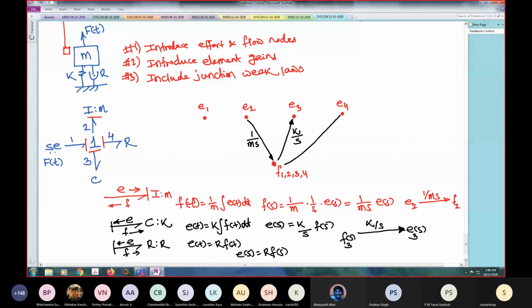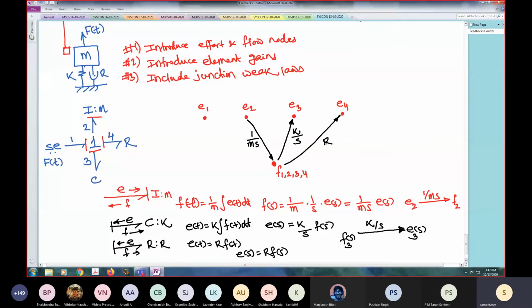There is R. So in this particular causality, we are getting a connection from flow to effort with R. If the causality was reversed, then we will get a connection from E to F, starting from E, ending at F with a gain 1 by R. So that distinction should be made. Depending on causality, it might be from F to E with gain R, or it might be E to F with gain 1 by R. These are not interchangeable. This will come as per the causality.